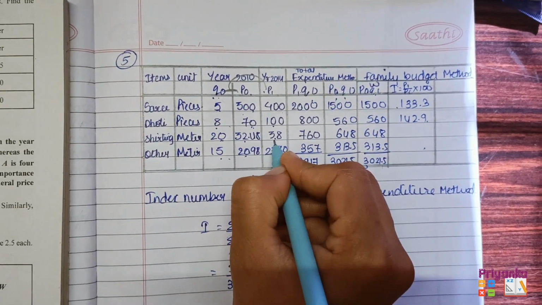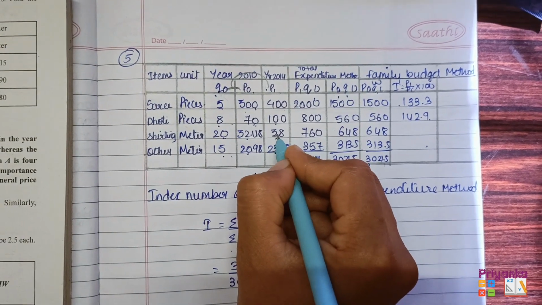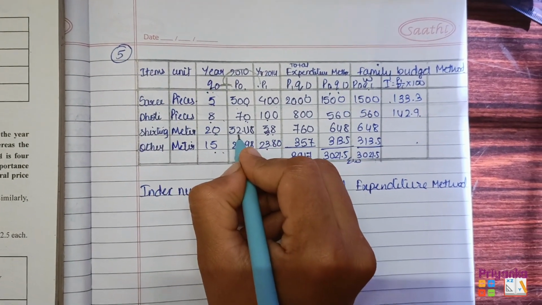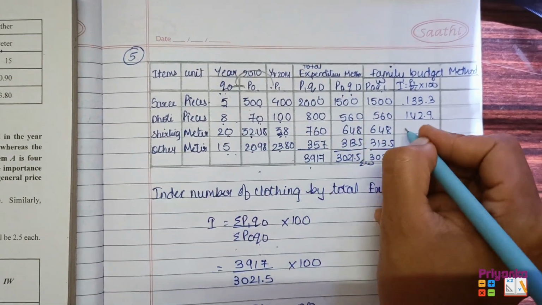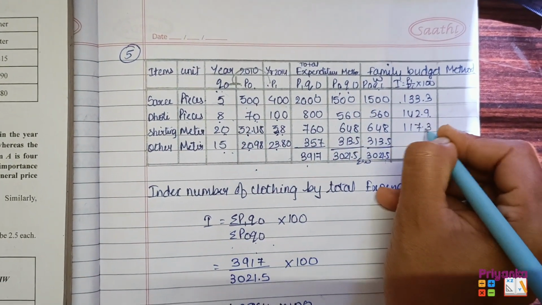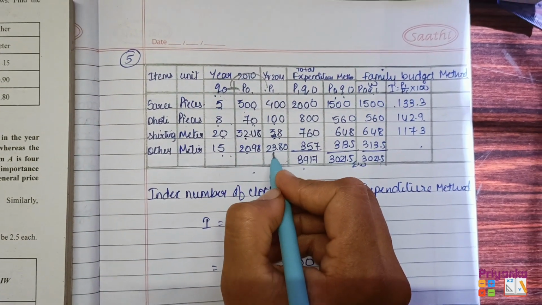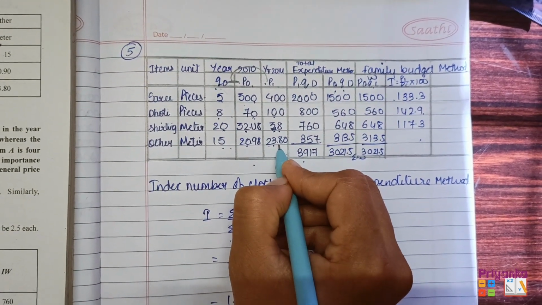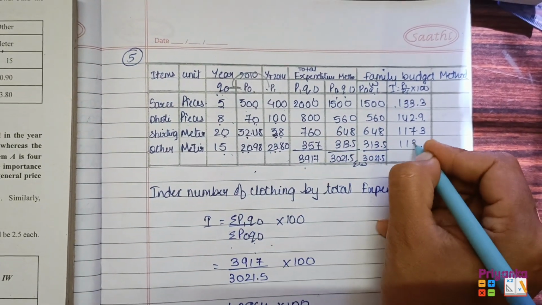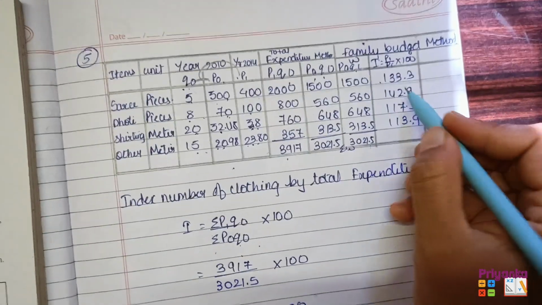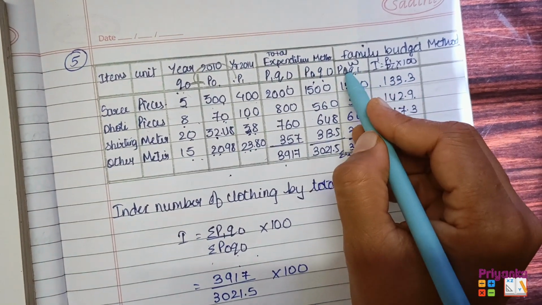Next 38 divided by 32.48 multiplied by 100, you will get 117.3. And the last one, that is 23.80 divided by 20.90 multiplied by 100, 113.9. So here we get the information of I, and here we have W.